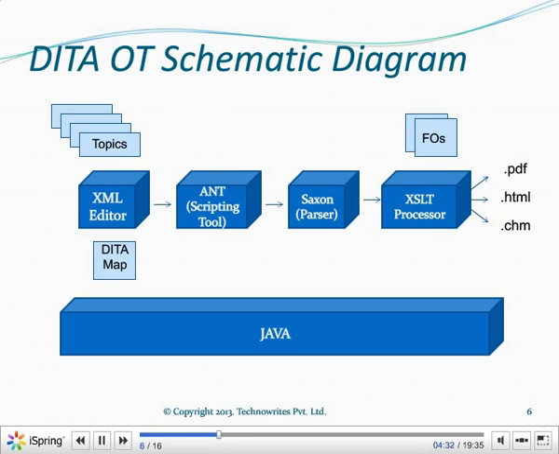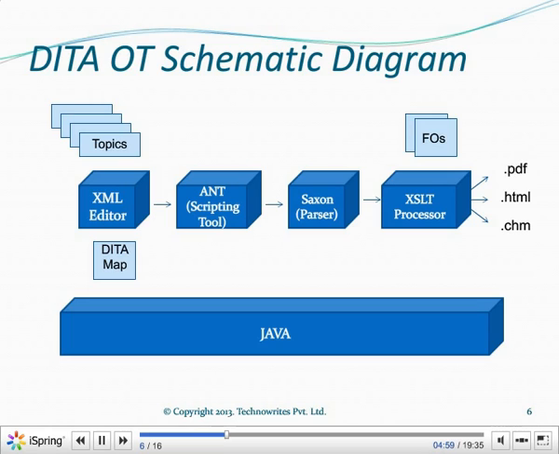So using the ANT scripting tool, we run the scripts to generate the output. While the output is being generated, the content of the topics will be validated using a validating parser named Saxon.